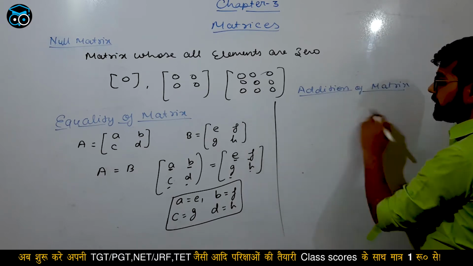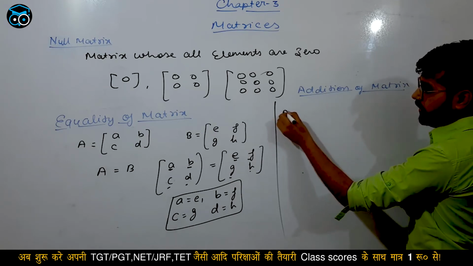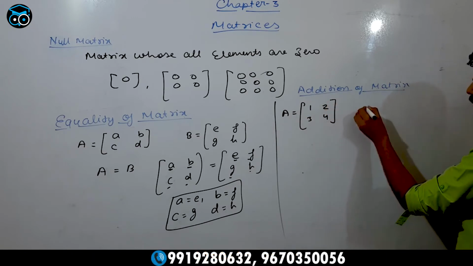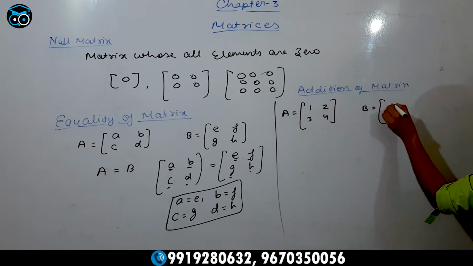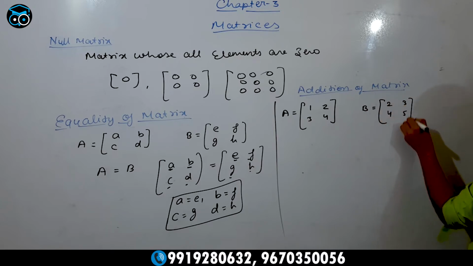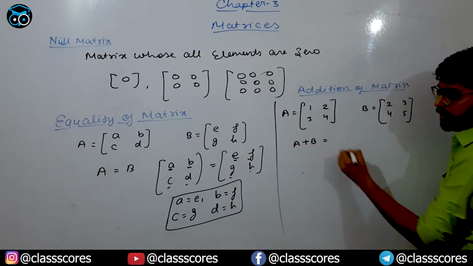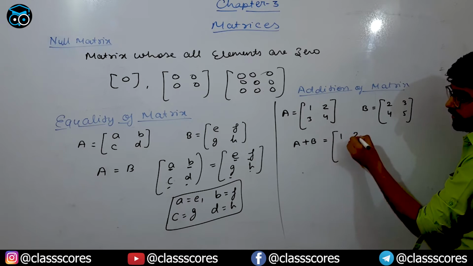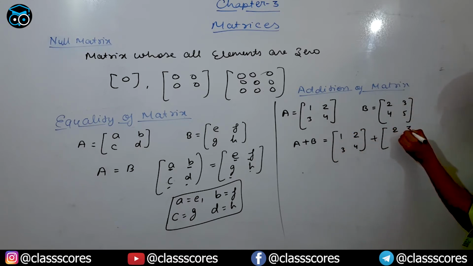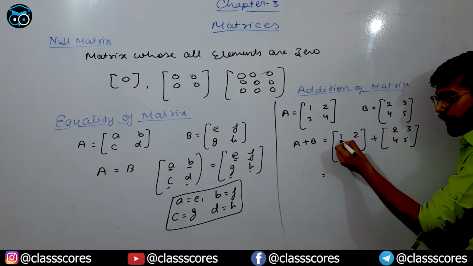Place value here means, suppose a matrix A is given with elements 1, 2, 3, 4 and another matrix B that is 2, 3, 4, 5. If someone asks to find the value of A plus B, it means the element of A plus the element of B. If you need to add this, then you need to add by place value.